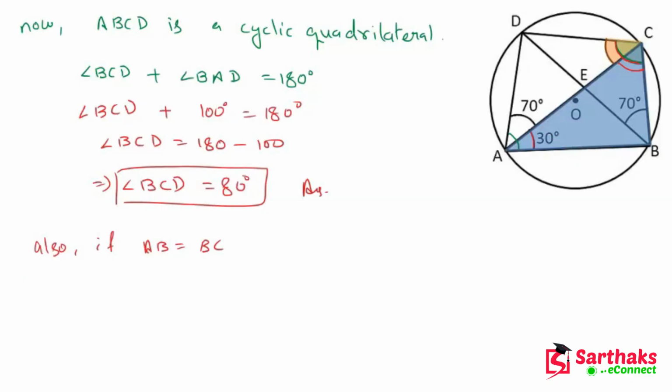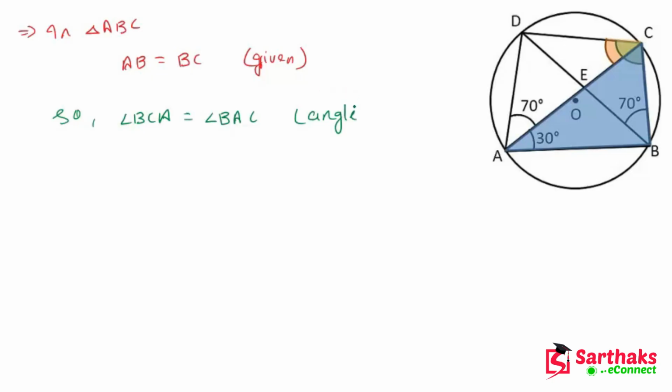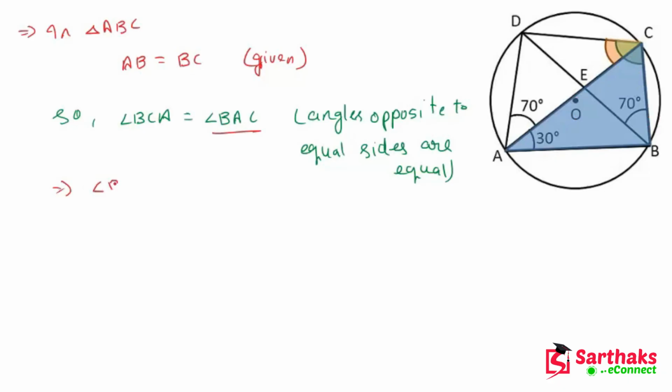So angle BCA will become 30 degree because angle BAC is 30 degree. Now we have to find what?